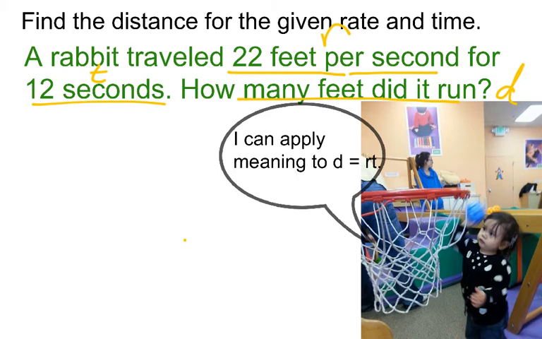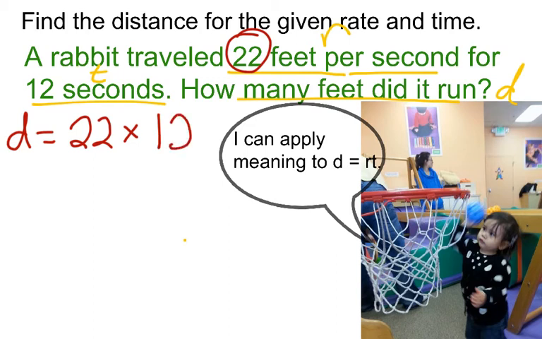So I don't know my d, or distance, so I keep that the same variable. I do know what I can substitute for my r, 22, and I know what I can substitute for my time, which is 12. So again, I can use the distributive property.